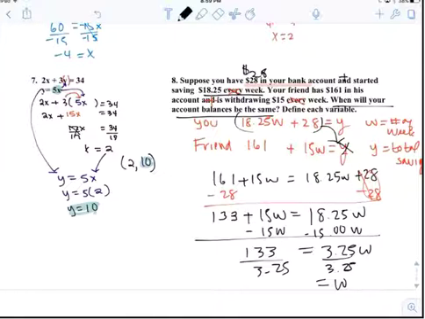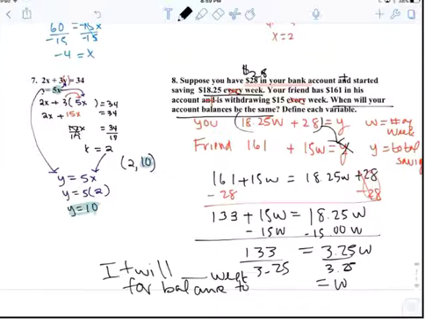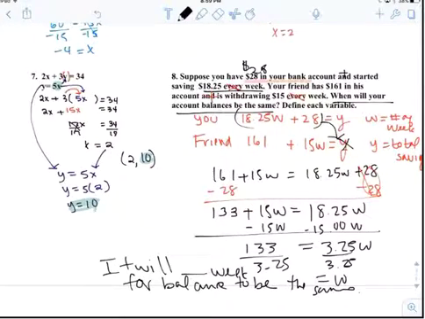And then you would say it will take blank weeks for the balance to be the same. And that's your answer, whatever you divide and get. Fill in the blanks. Okay? Oh my God.